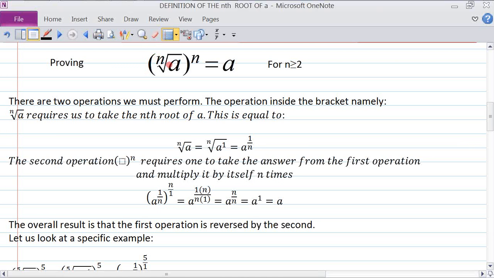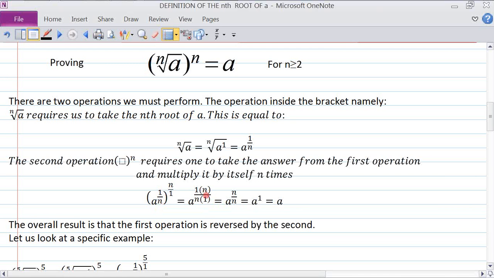This operation has given us this inside the brackets. Then we replace this n as n over 1. Well, 1 times n gives us n, and n times 1 gives us n here. So we're just multiplying the numerators and the denominators.